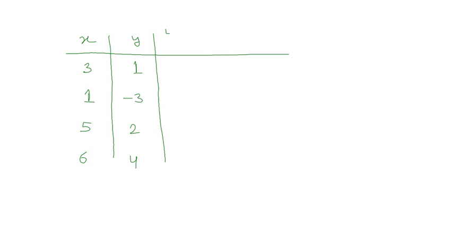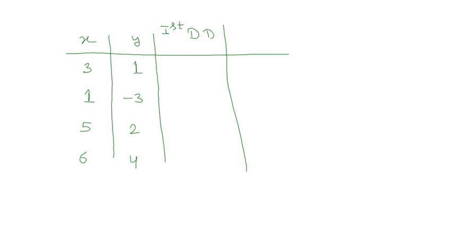Now we wish to calculate all possible first divided differences. In the divided difference table we compute the first divided difference, second divided difference, and so on.